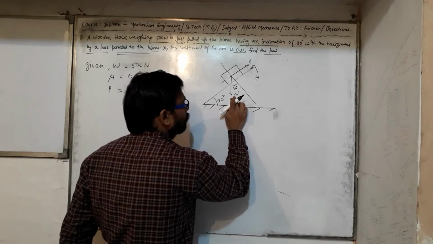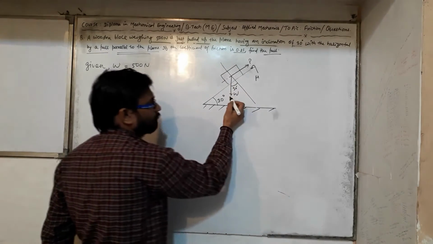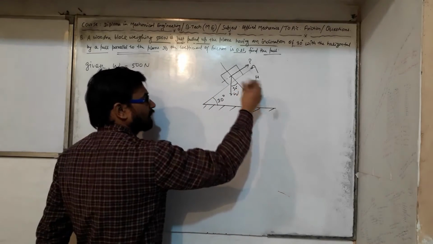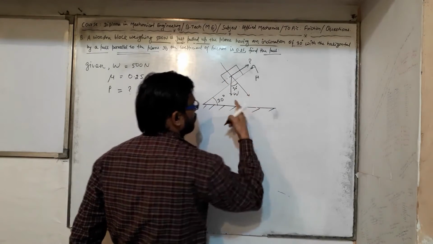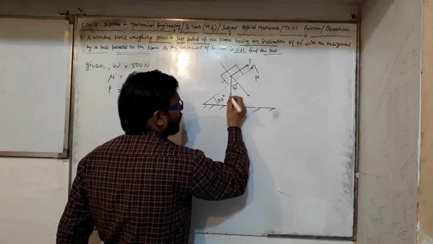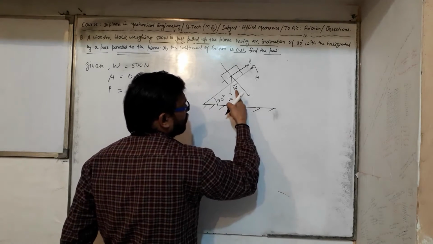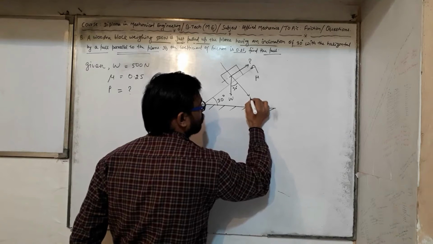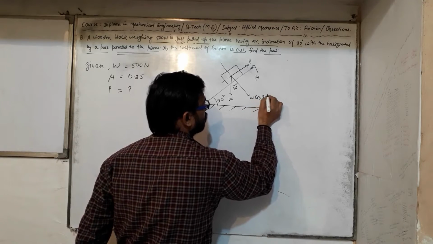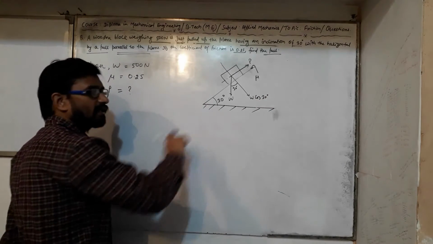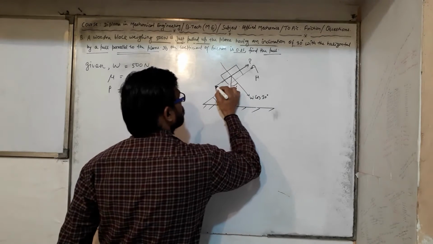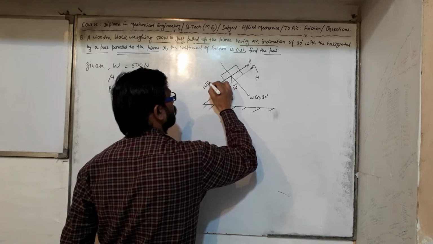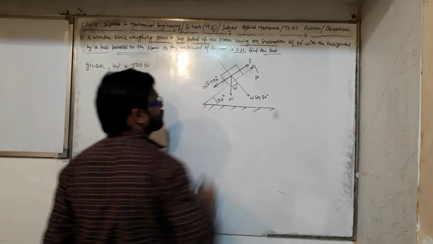So W has two components. One is along the plane but downward. W is acting in this way, making an angle of 30 degrees. So its component would be W cos 30 degrees in this direction, and one component perpendicular to this, which would be W sin 30 degrees in this way.